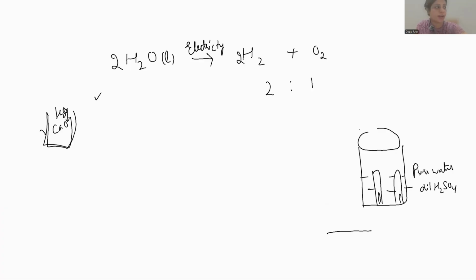So to make it conduct, we have to add a few drops of acid, so it acts as an electrolyte. It allows the solution to conduct electricity. So oxygen is liberated at the positive electrode, the anode, and at the negative electrode, which is the cathode, hydrogen is liberated.